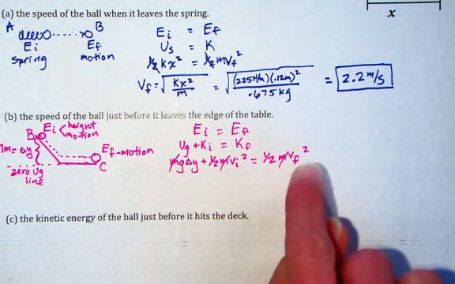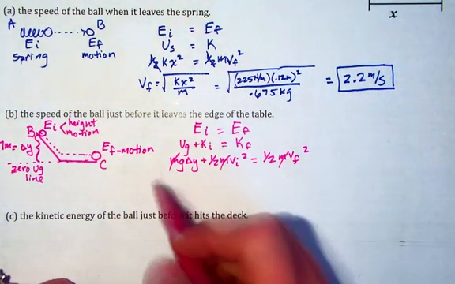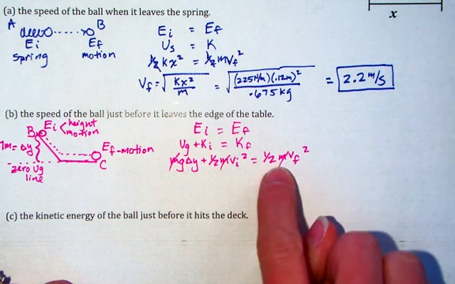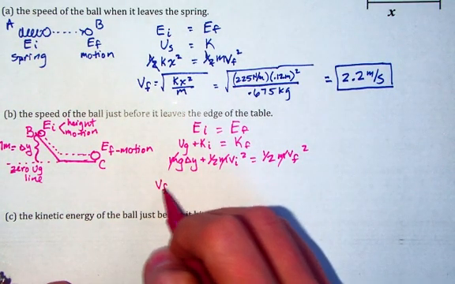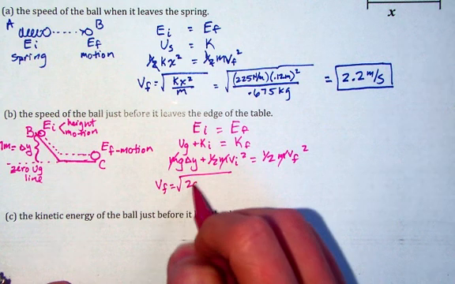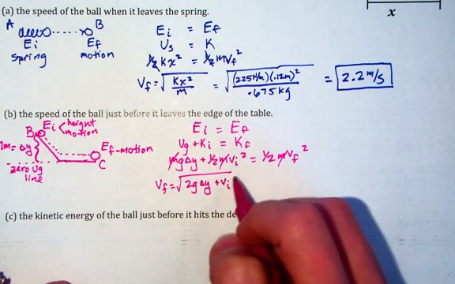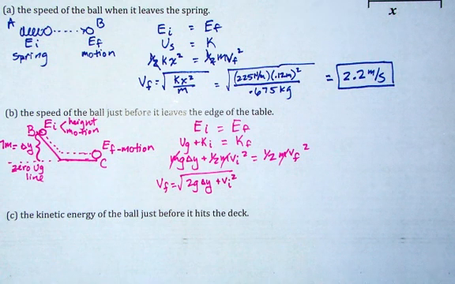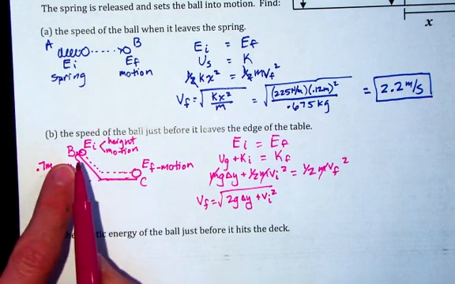Okay, we're trying to find the speed of the ball at C. That's going to be v final, so I'm going to multiply everything by 2 to get rid of this 1/2, and then I'm going to take the square root, so v final equals the square root of 2g delta Y plus v initial squared. Okay, but what is the initial velocity up here?